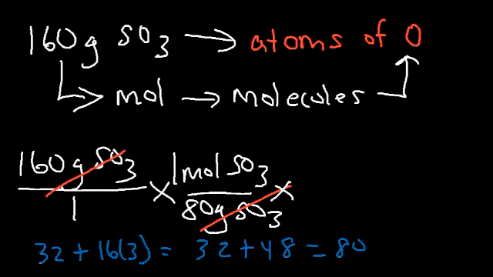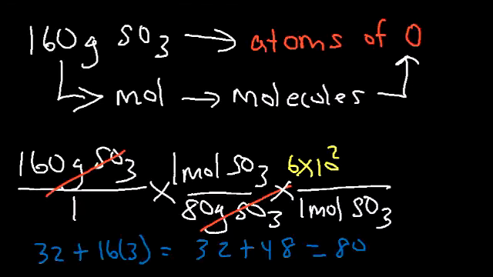Next, we need to convert from moles to molecules. Now 1 mole of SO3 is equal to 6 times 10 to the 23 molecules, which I'll write as capital M. And now we need to convert molecules into atoms of oxygen.